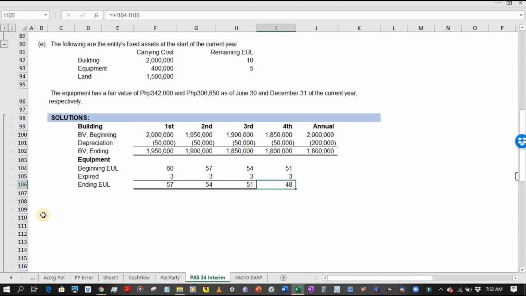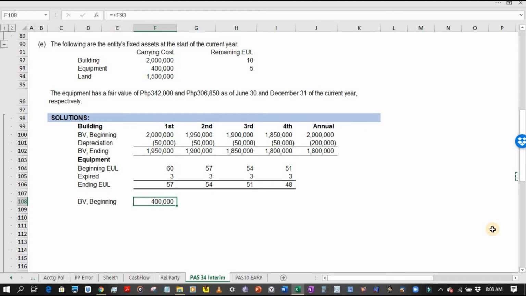So after this, let us now compute the depreciation expense and the book value of the equipment for each quarter. So let's begin the computation of the depreciation expense for equipment and the book value. So let us start with the beginning book value for the equipment. So that is 400,000 pesos.